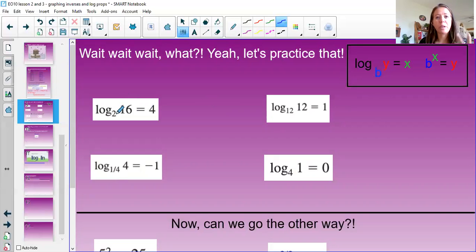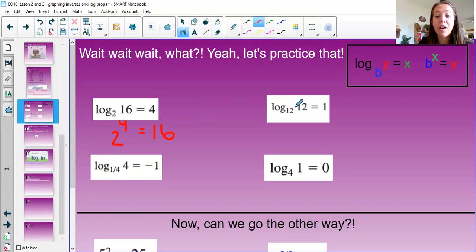If we were just going to rewrite these as exponents, okay, so if we have log base 2 of 16 is equal to 4. What this is saying, it's saying 2 to the 4th power is going to give me 16. Does that make sense?